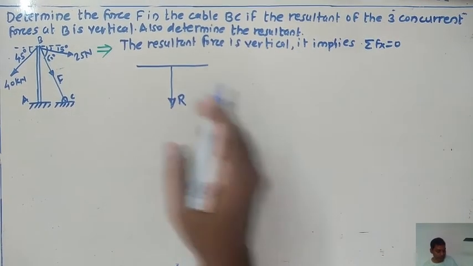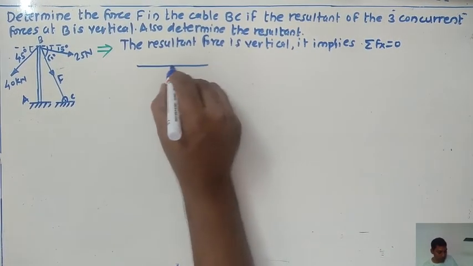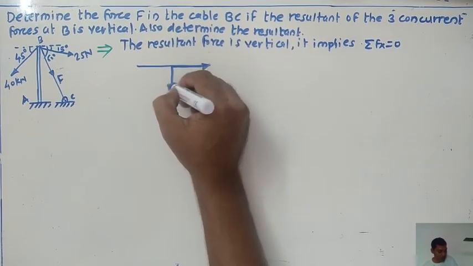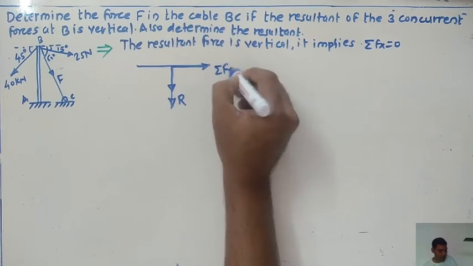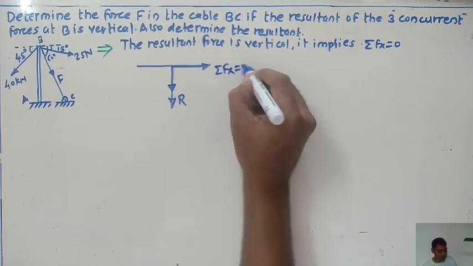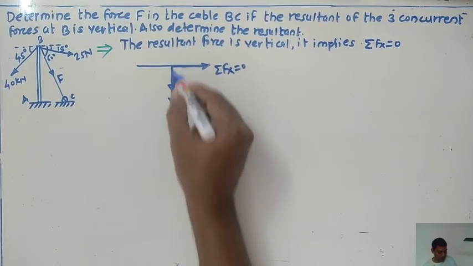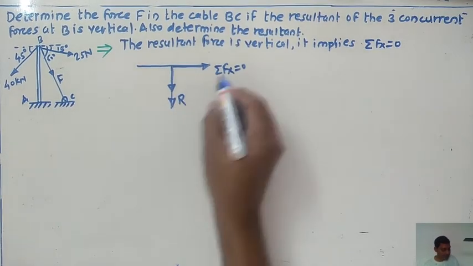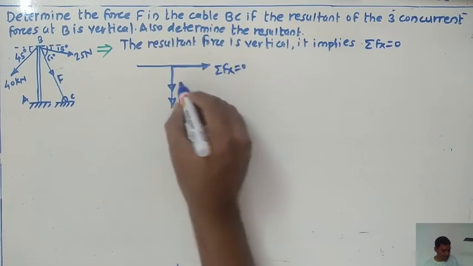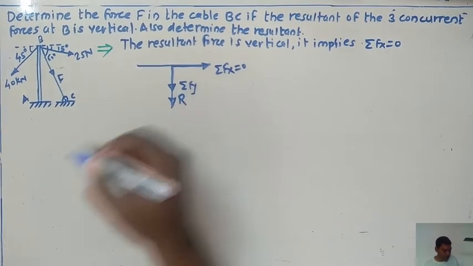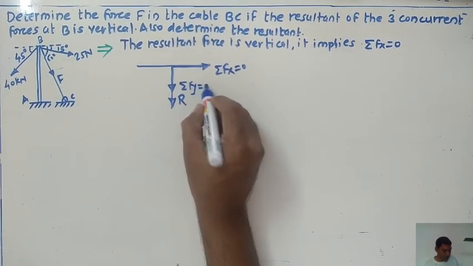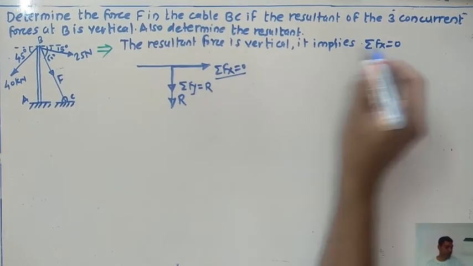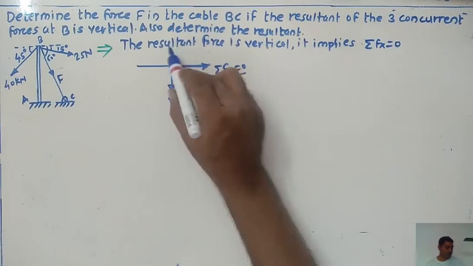If I get the components of this resultant force along the x direction and the y direction, the summation of Fx in this case is 0. The resultant R is vertically downward, which means the summation of Fy is the direct value of R. That's why the problem says the resultant force is vertical.